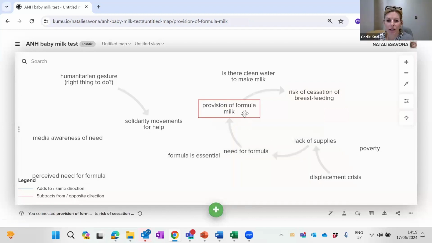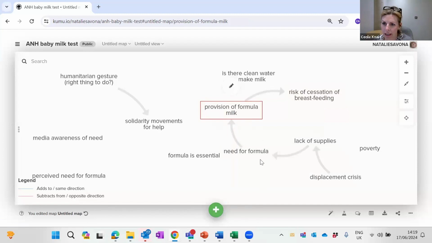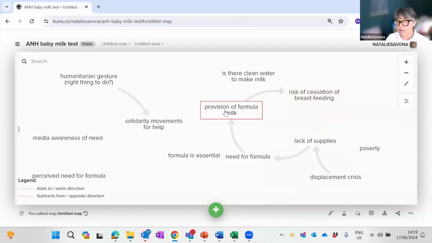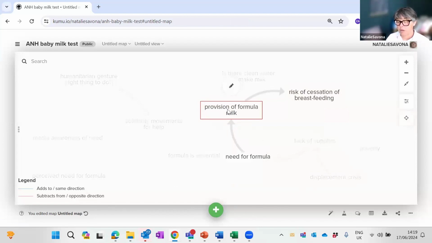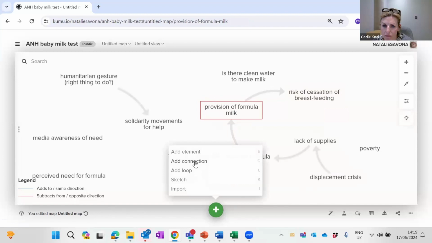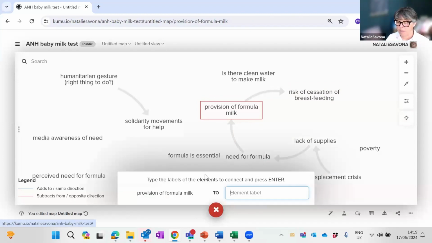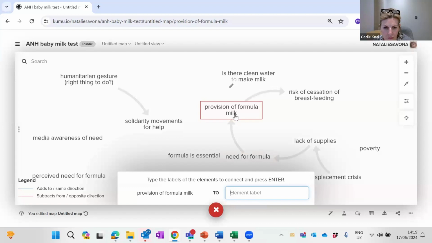When you want to make a connection, you click on the factor that it's going from. So I clicked on provision of formula milk, and then you add connection. The shortcut is just a C, and it will automatically leave you a gap to type the thing you're connecting to.